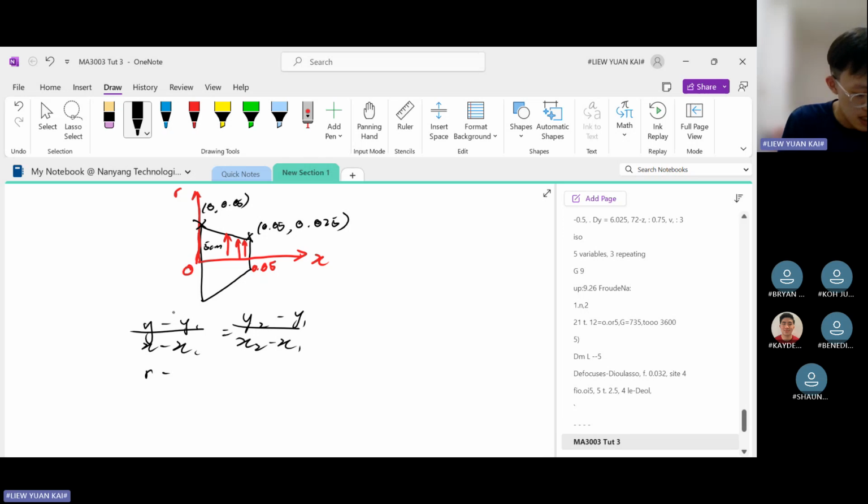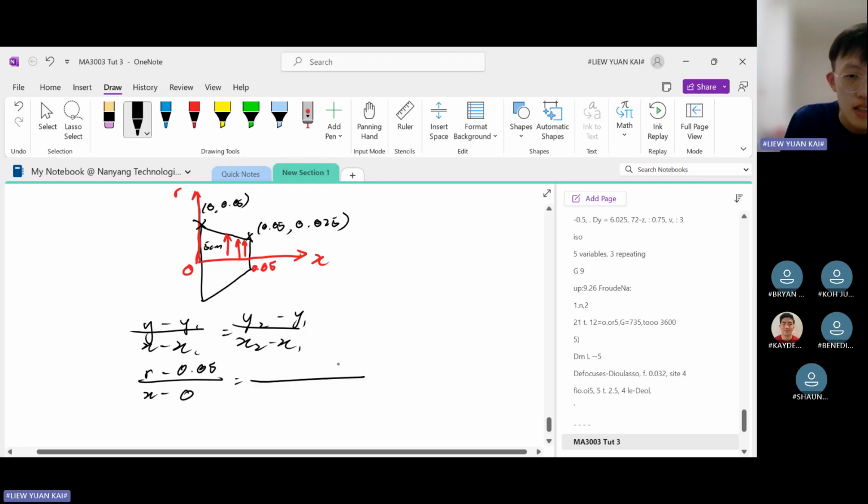So let me see my working. Yeah, I've chosen this 0.05. So I chose this coordinate. Okay, divided by x minus 0 is equal to, now I'll take this coordinate minus this coordinate. Okay, so 0.05 minus 0.025, over 0 minus 0.05.